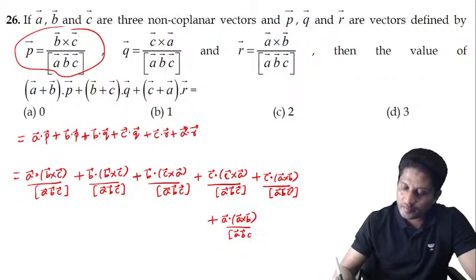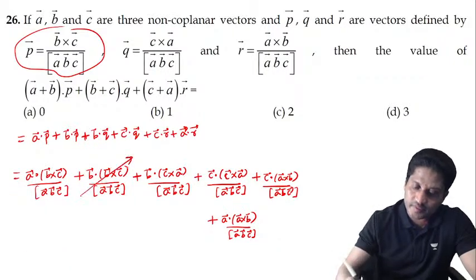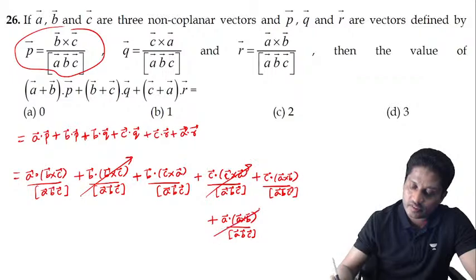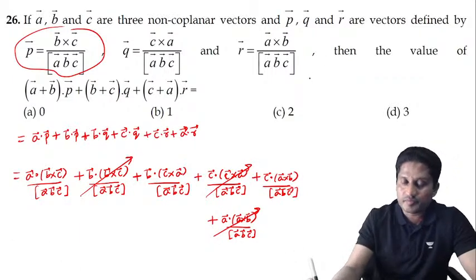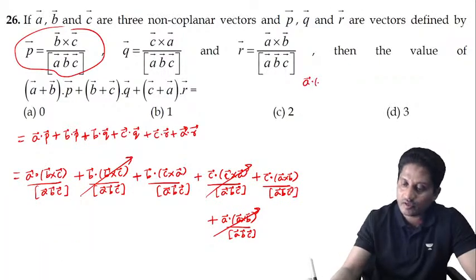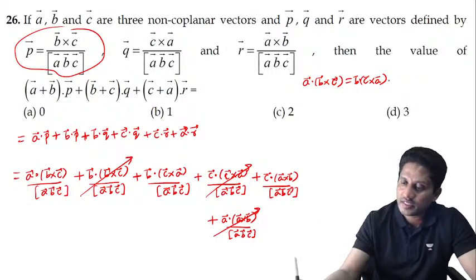In a scalar triple product, if any two vectors are identical, then its value is 0. So B is repeated twice, 0. C is repeated twice, 0. This is 0. And I told you this before as well: A dot B cross C is the same as B dot C cross A. Box of ABC, BCA, CAB, that is C dot with A cross B, all are equal.